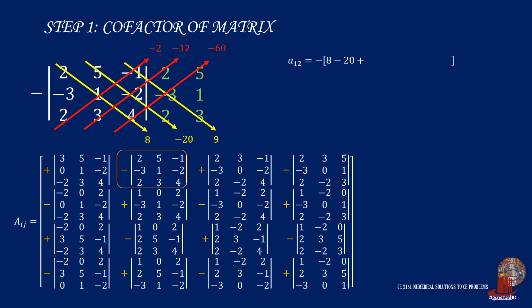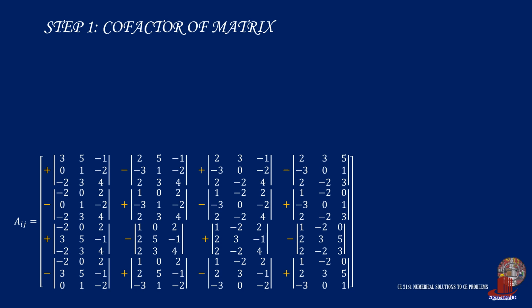Subtract the negatives from the positives to have element A12, and that would be negative of the quantity, which includes 8 minus 20 plus 9 minus the negatives, negative 2 minus 12, and minus 60, which is simplified as 71. Including the sign before, we get A12 as negative 71.